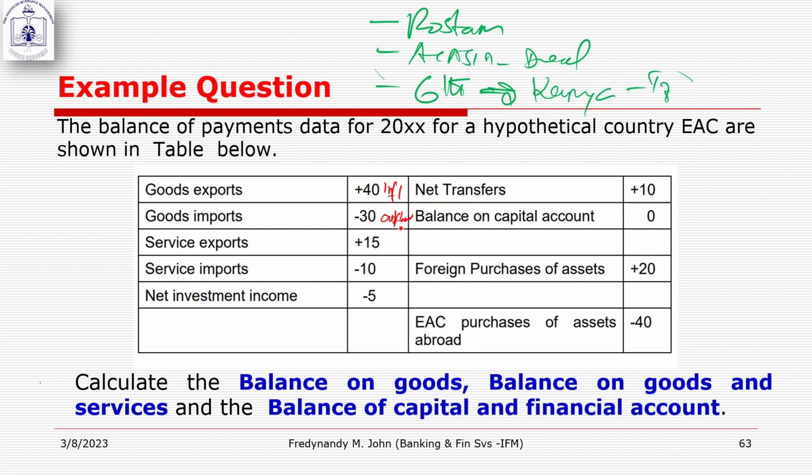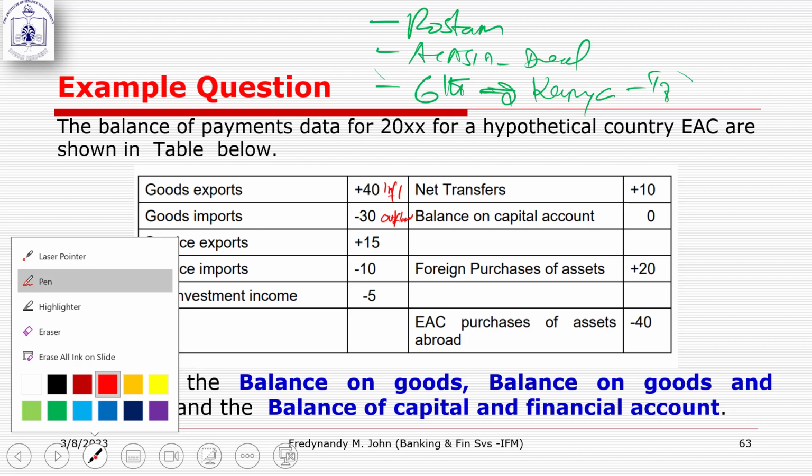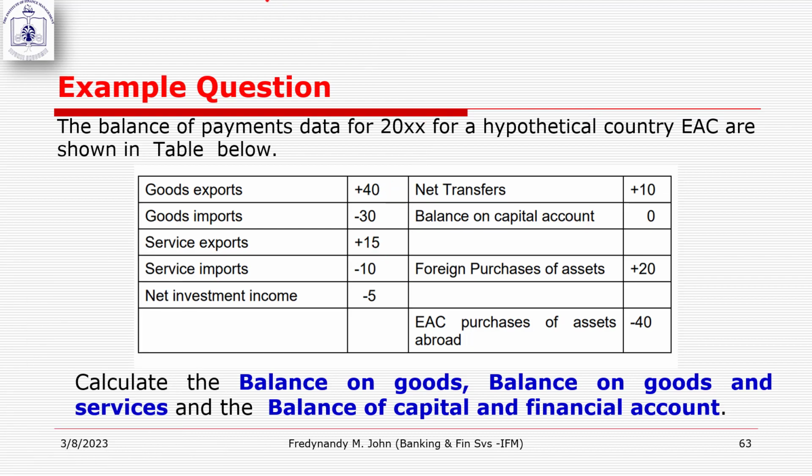That is the meaning. Now, you are required here to compute balance on goods. How do we get balance on goods? From the current account, we know that the current account has export of goods and services and imports of goods and services.